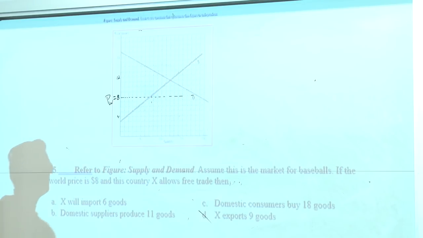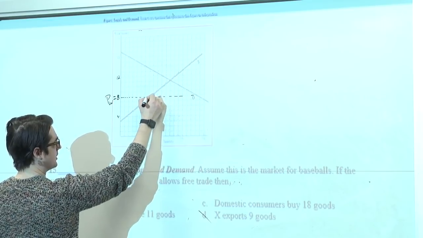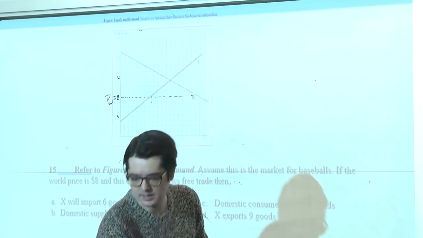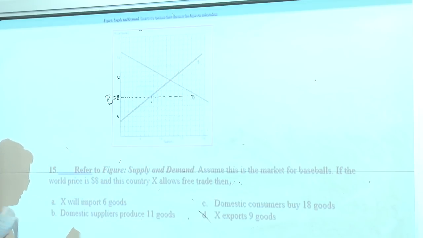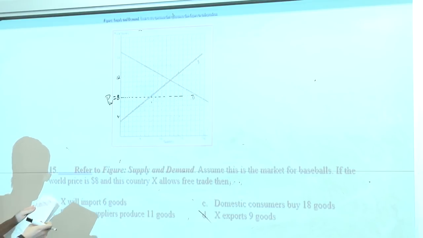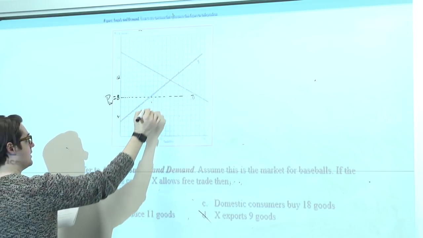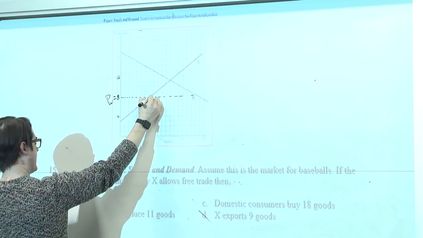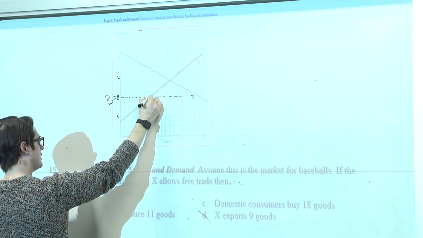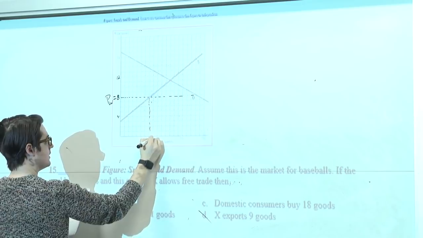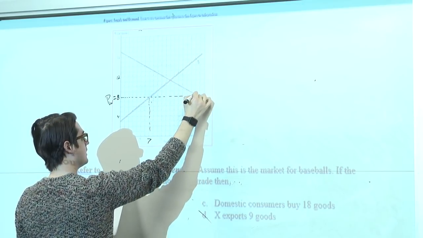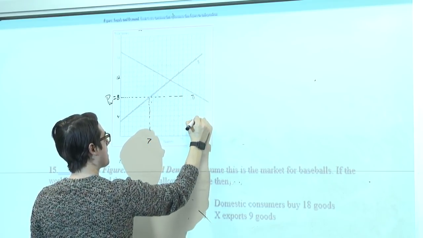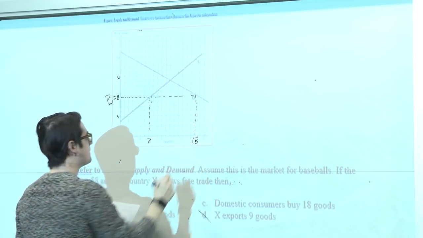Well, let's see. So domestically, we are going to produce, can't see what these say. Okay, sorry, this crosses here at 7 and 18.